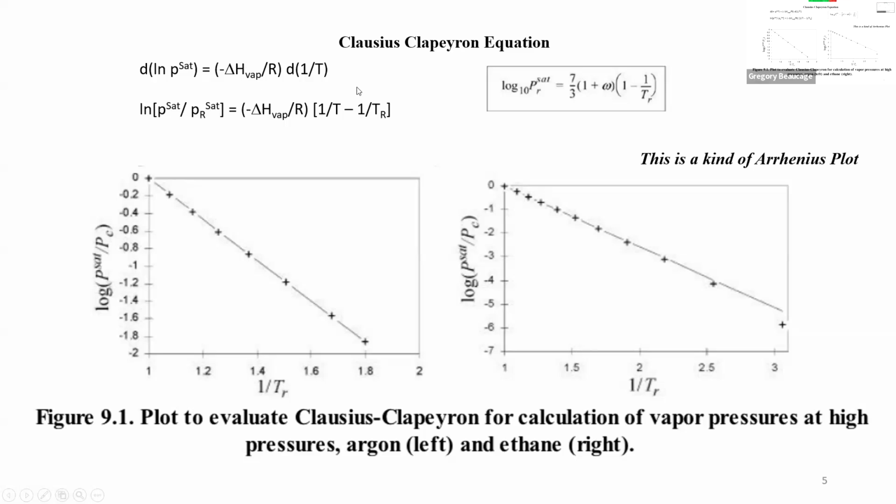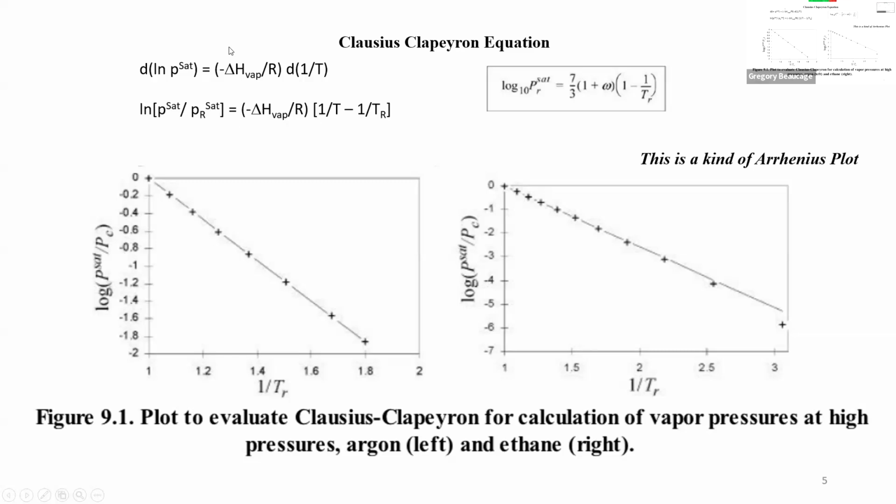Then, if you want to go further, this P reference. Because you're doing an integral of this, you have the thing relative to something else. For the something else, you can use the critical values, which are tabulated: the critical pressure and critical temperature.